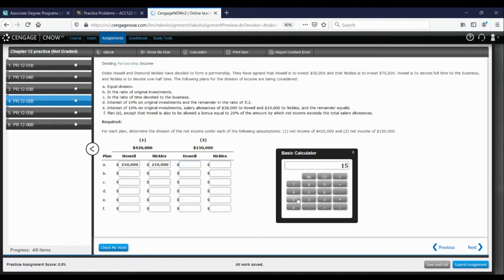We're going to take the $150,000 and divide it by 2 since there are two partners and there is equal division in the partnership income. $150,000 divided by 2 gives you $75,000 that each partner would have as a share of the net income of $150,000.